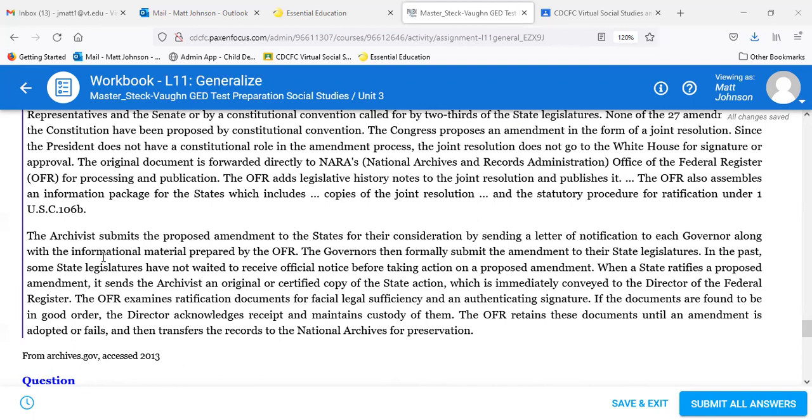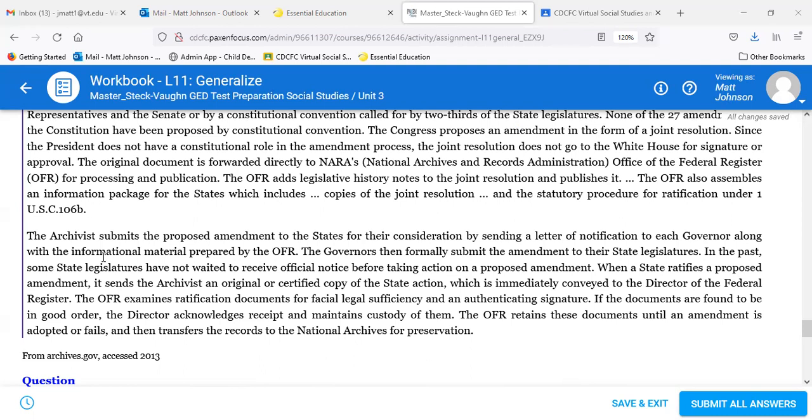In the past, some state legislatures have not waited to receive official notice before taking action on a proposed amendment. When a state ratifies a proposed amendment, it sends the archivist an original or certified copy of the state action, which is immediately conveyed to the director of the Federal Register.